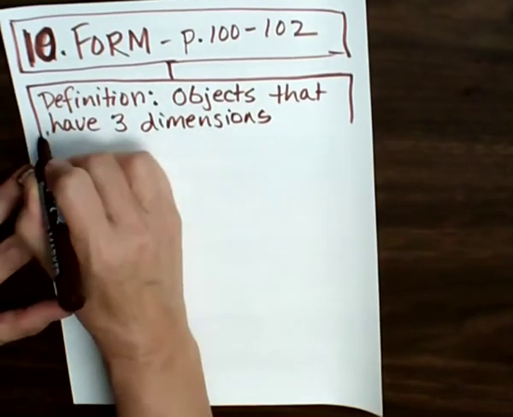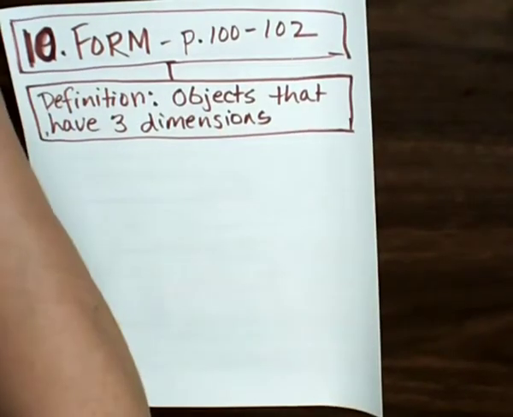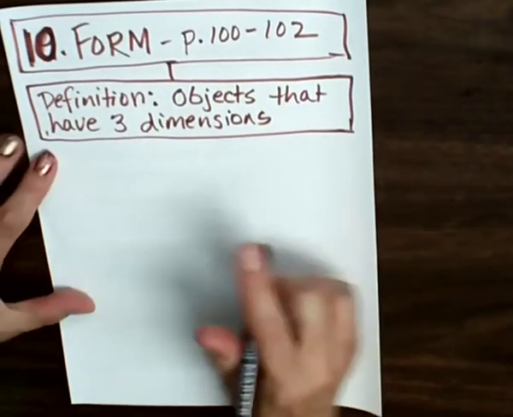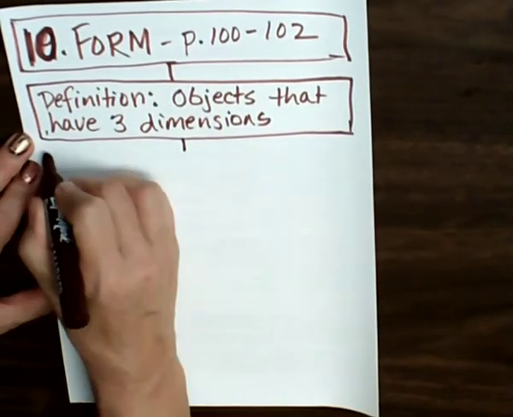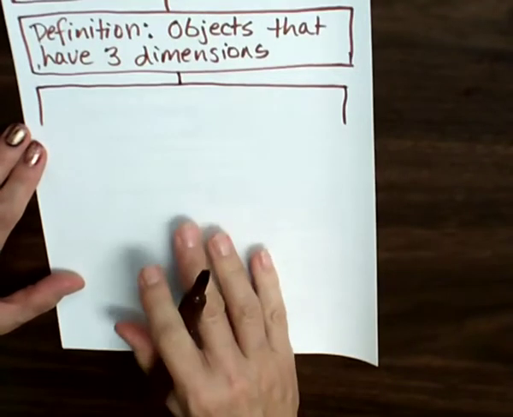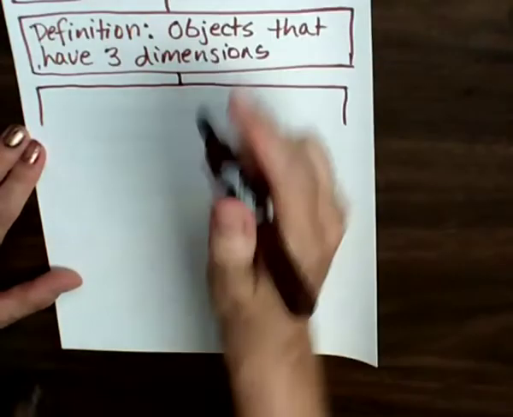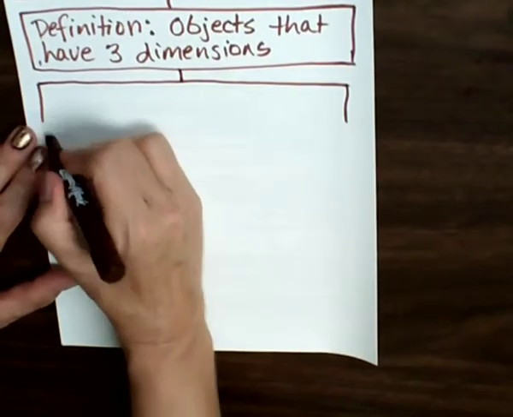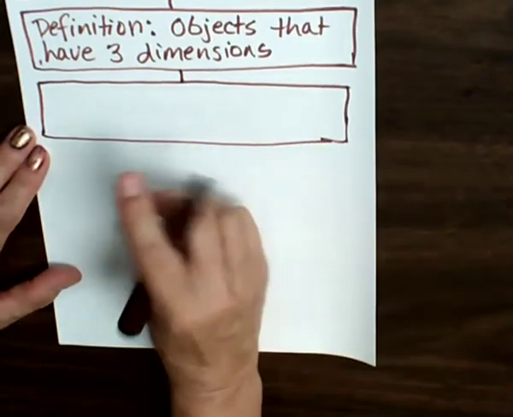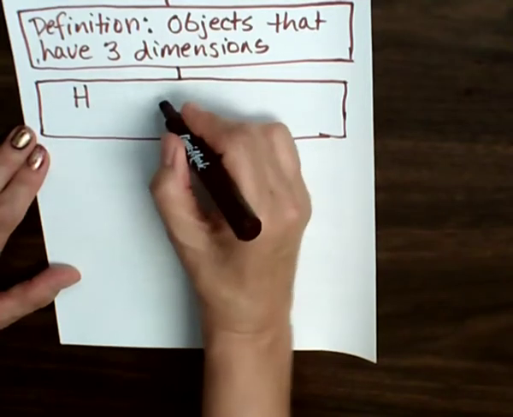Okay, what do you think we're going to write next in our notes? Anybody seeing a pattern being formed here? We're going to want to know what those 3 dimensions are, right? Okay. Alright, so those 3 dimensions are, and this is where it gets a little tricky. I think your book may not say this.